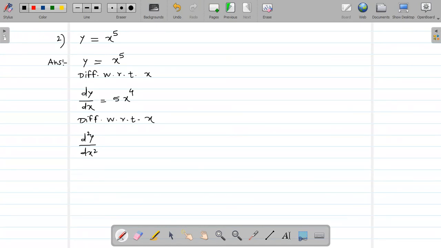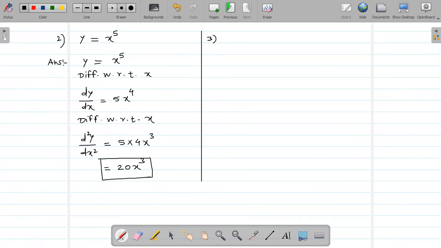So d by dx of dy by dx means d square y upon dx square, that is equal to, now it is very simple, keep 5 as it is and just take the derivative of x raised to 4, that is 4 into x raised to 3. So totally you will get 5 into 4 is 20, so 20x cube. This is our d square y upon dx square. So very simple.